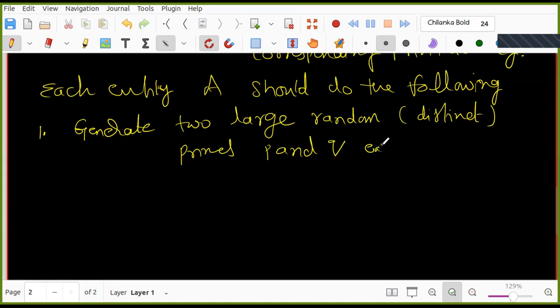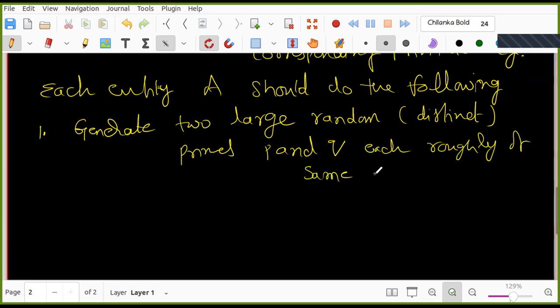Yes. Each roughly of the same size. Each roughly of the same size means the number of digits you can say is the same. Okay. So the entity A chooses two large primes, P and Q.